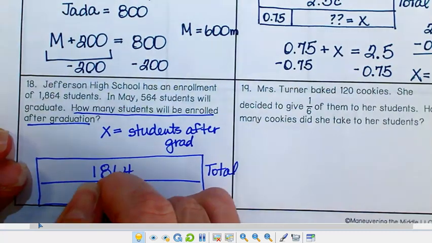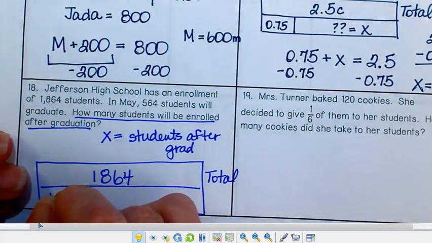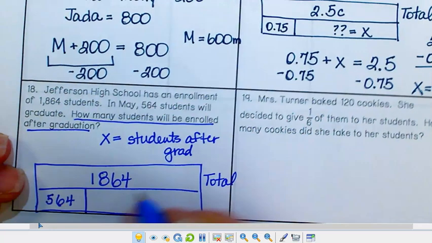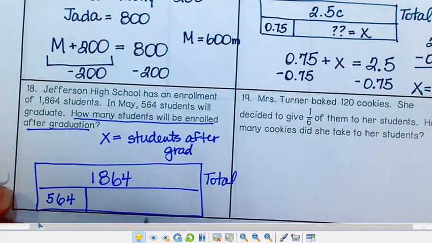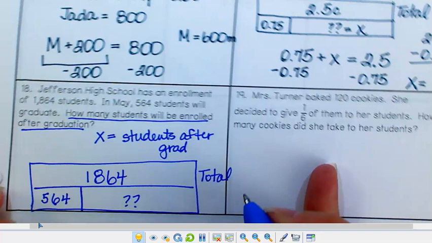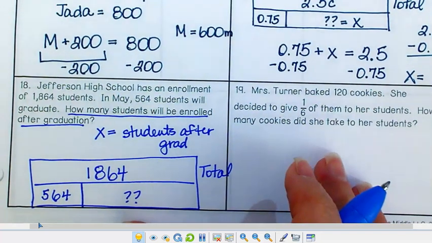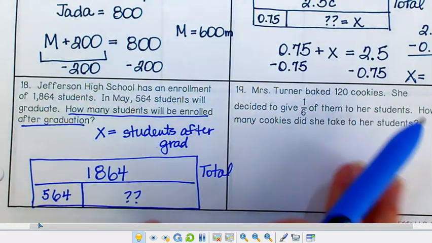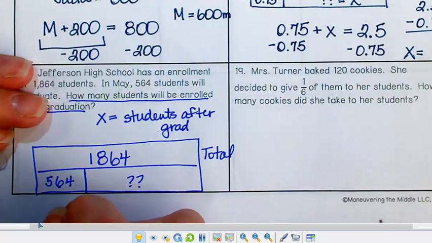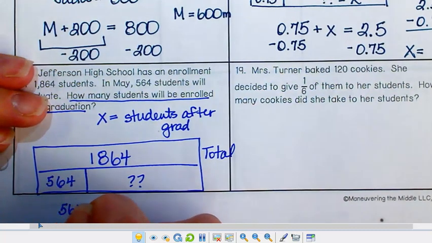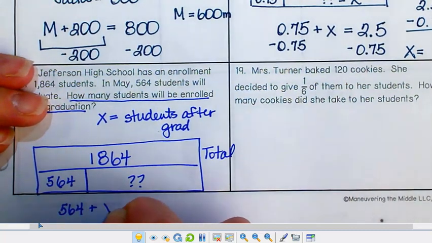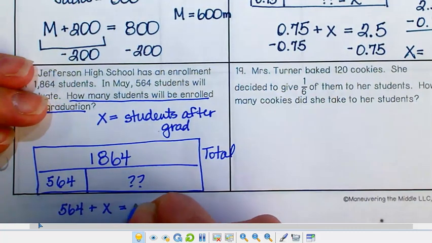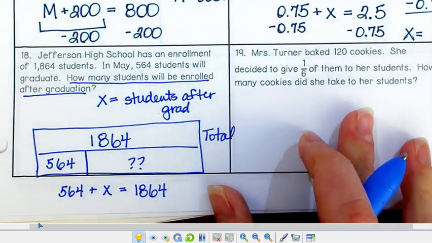But in May, 564 of them are going to graduate. So how do I get this missing number? Okay, because that is the number of students that we're still going to have after graduation. Well, I know that the 564 that graduate plus the ones that remain are going to give us 1,864. Okay.